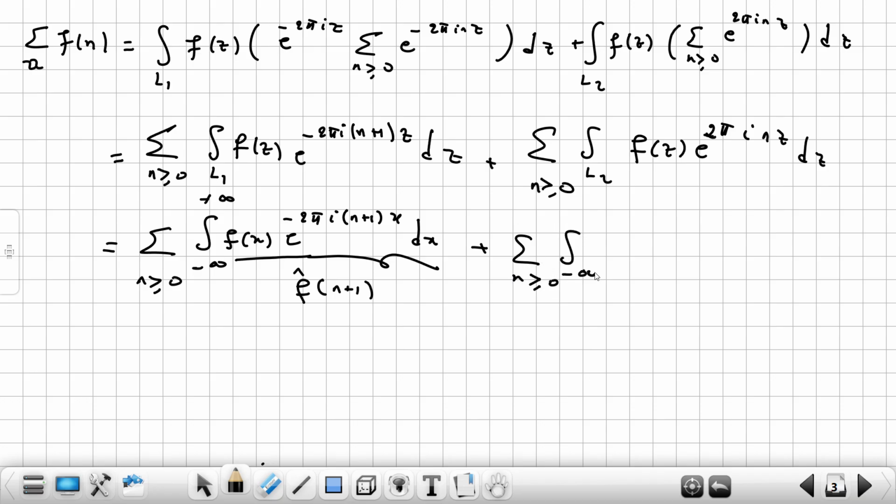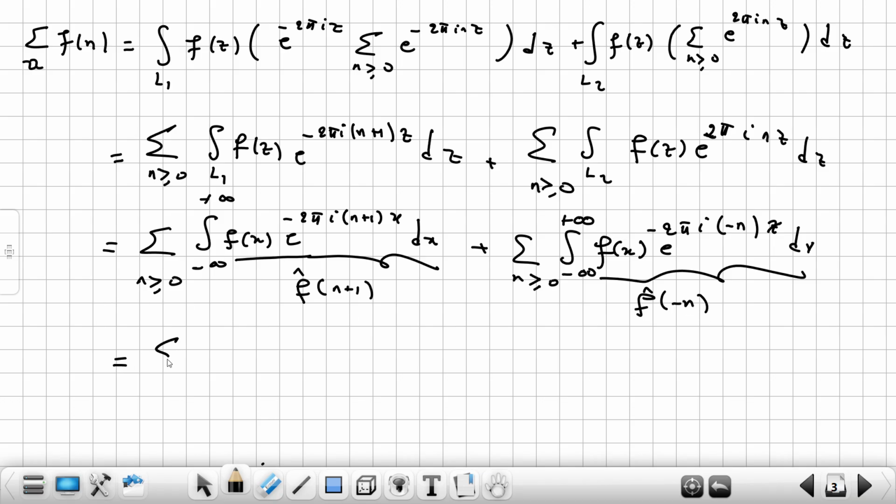of integrals from minus infinity to plus infinity of what? Of f of x e to the power 2 pi i n x dx. This is nothing but f hat of minus n.